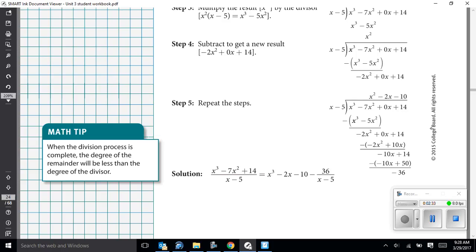So negative 2x times x gives me negative 2x squared. So I'm going to take this times each of my terms. Negative 2x times negative 5 gives us positive 10x. But then we're subtracting, so that changes the signs of everything. So this negative 2x squared becomes positive, and this positive 10x becomes negative when we distribute that negative.